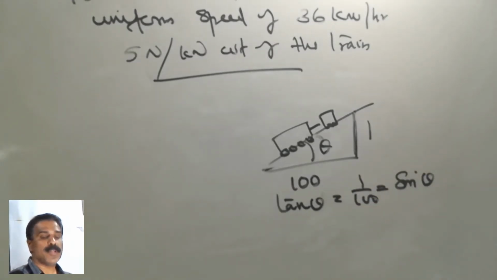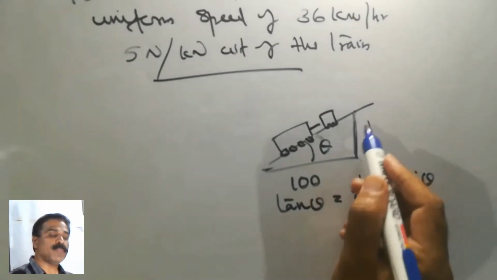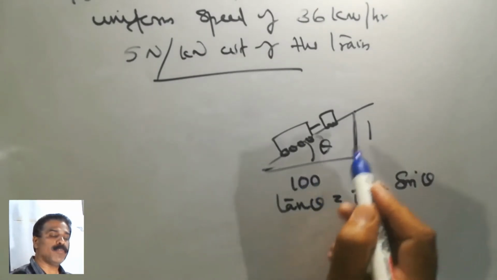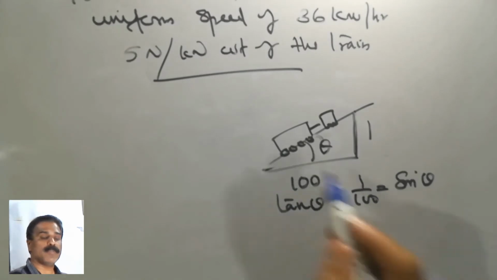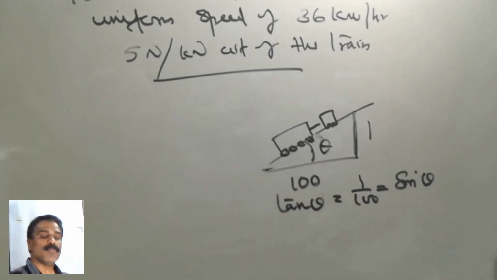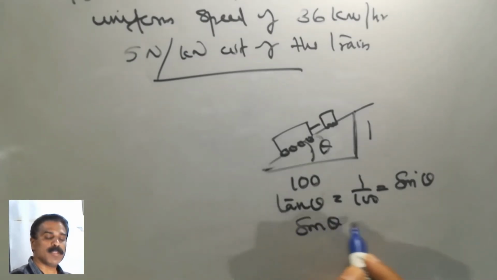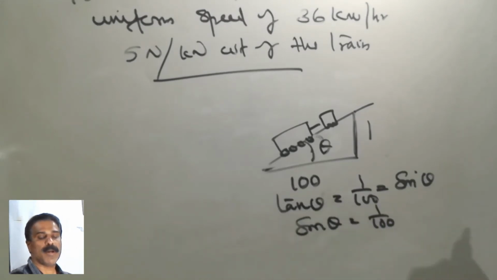How can we write tan theta equal to sin theta? If the angle is very small, then for 100 units of horizontal distance, 1 meter vertical distance means it is a very small angle. So for very small angles, tan theta equals sin theta, or sin theta is equal to 1 by 100. Clear? So here sin theta is 1 by 100.